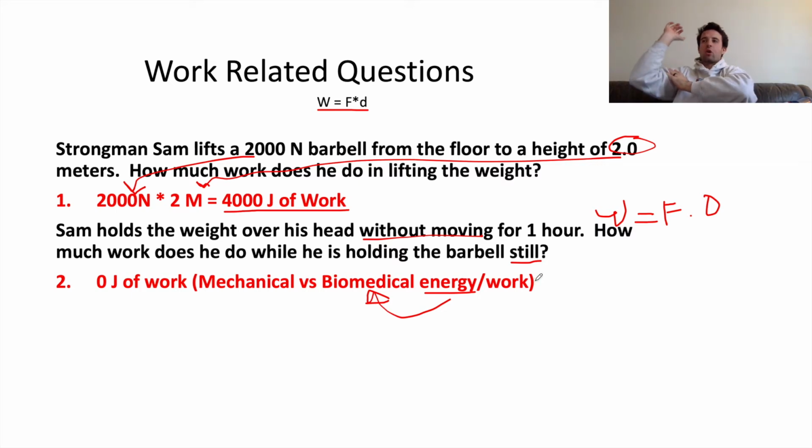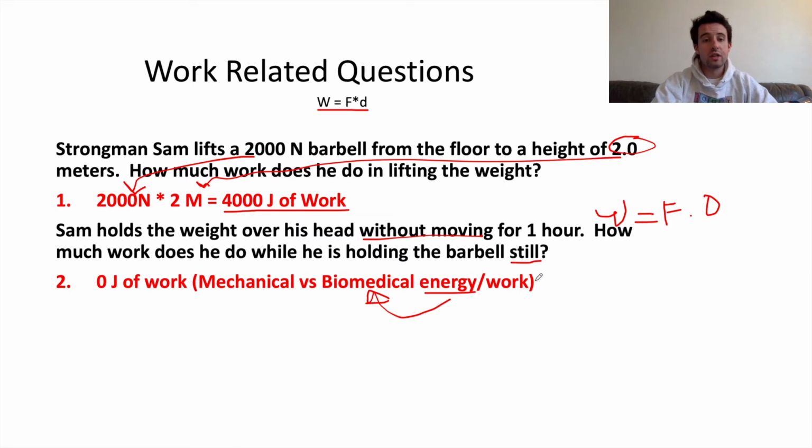So the act of holding them in place and keeping all of his muscles organized in the way that they are, that takes energy, and that's not something we would really talk about. That's not something we would ask you to solve, but just know that no work is being done on the box. The work is being done within his body. So for example, his body would start to heat up. That's thermal energy being produced, if that makes sense. So all the energy would be inside his body. No work would be done on the barbell itself. Kind of cool, huh?